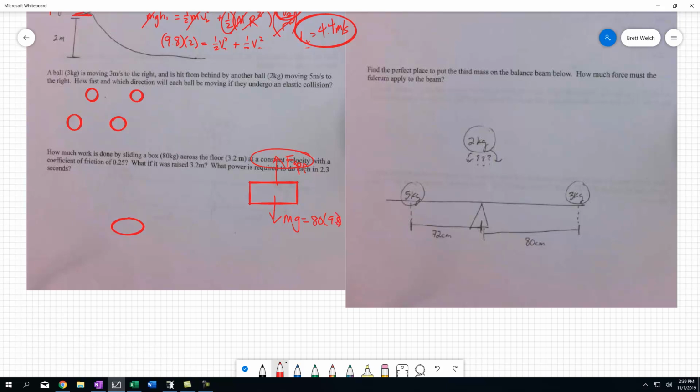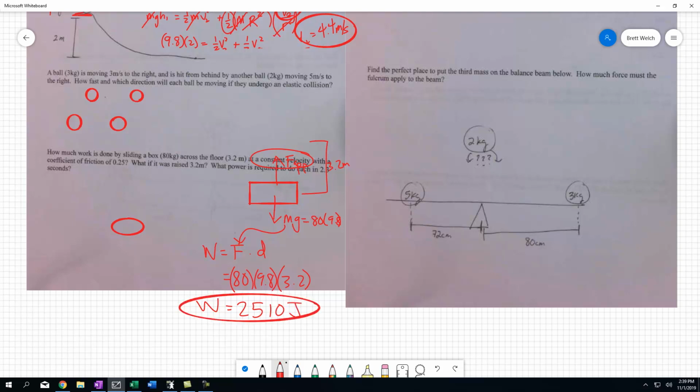If I know how much force I'm applying upward, and I know what distance it's going to travel, a distance of 3.2 meters, I'm ready to go. The work done is the force times distance. Well, the force in this problem is just mg, so 80 times 9.8 times my distance of 3.2 tells me that the work I'd have to do would be roughly 2,510 joules.